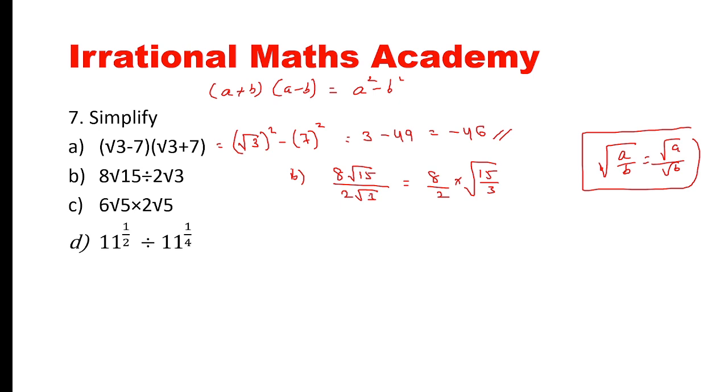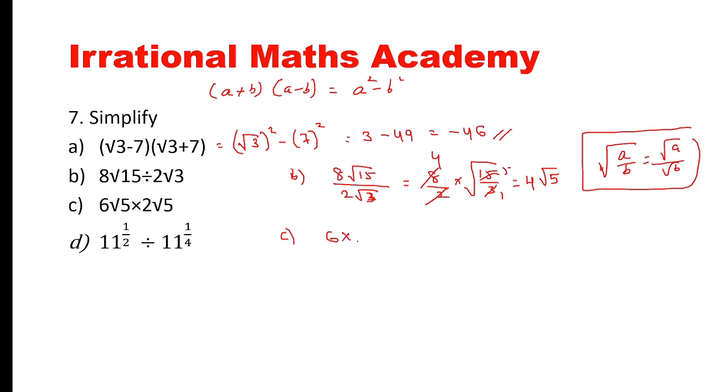Same thing here: 8 by 2 is 4, and 15 by 3 is 5. So answer is 4, and what is left here is root 5. 4 root 5.